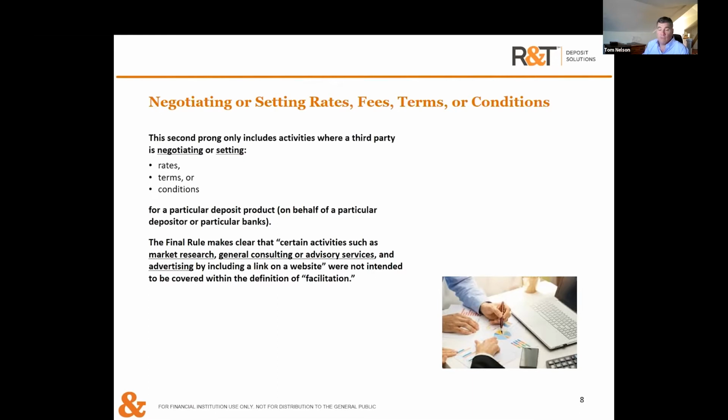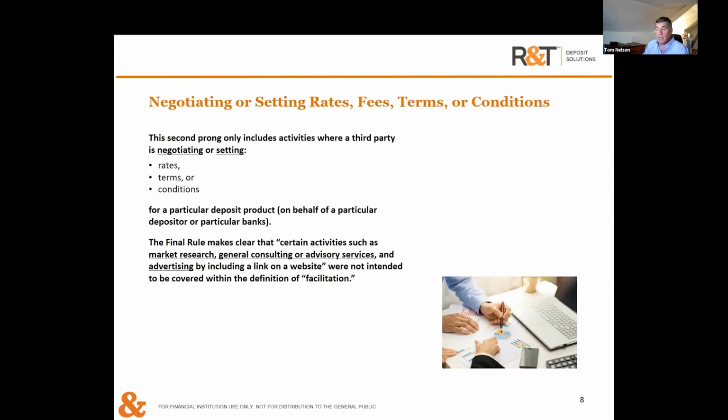we're an administrator for a series of broker-dealer sweep programs. These are programs where people have a brokerage account at a firm, they own stocks, they own bonds, and the cash is more often than not swept into some type of FDIC-insured program, which is a better description than vehicle.